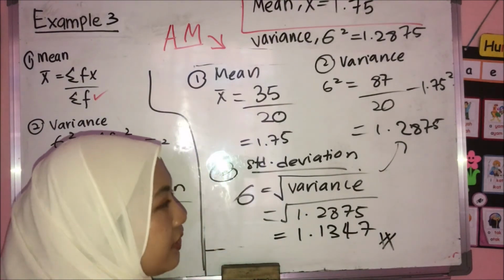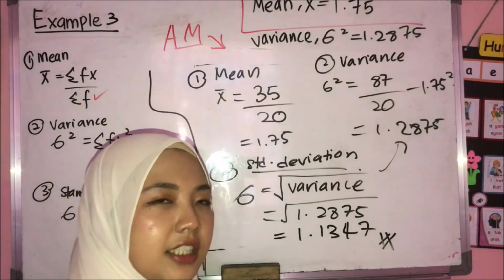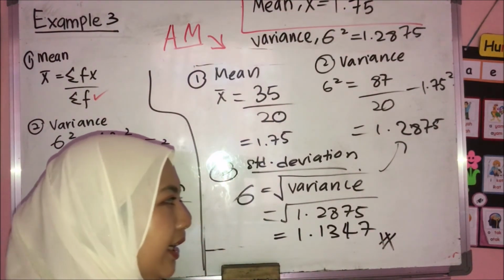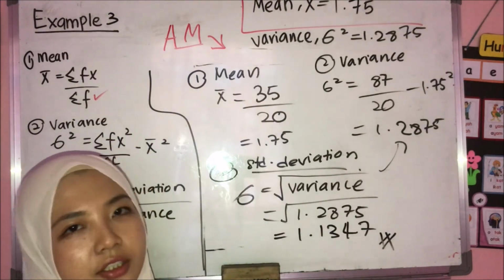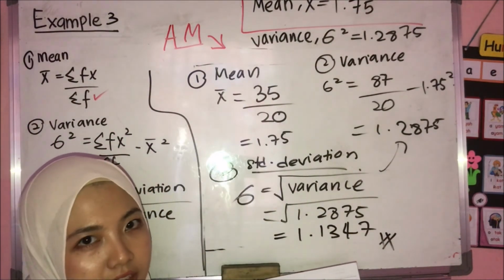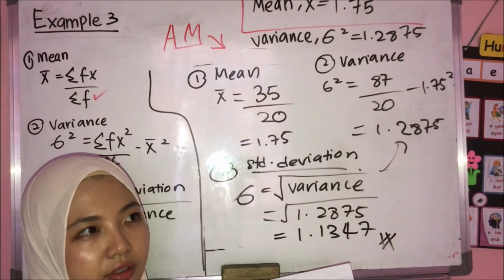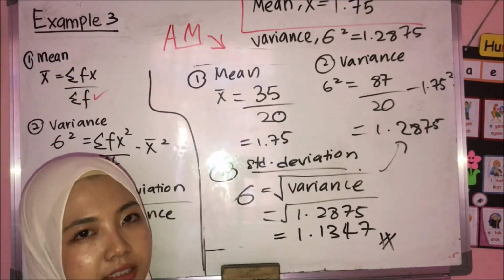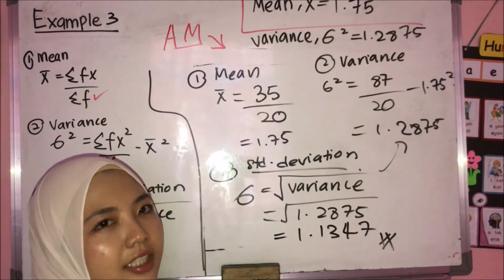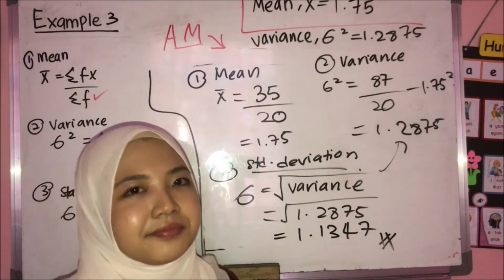It's also the same as the first method. So you can use either the first method or this second method. You can use any method that you are comfortable with.